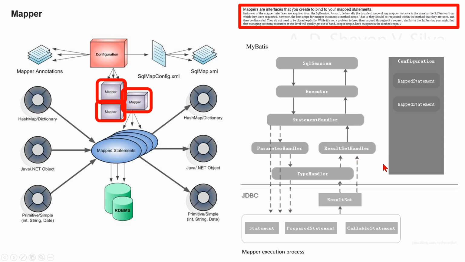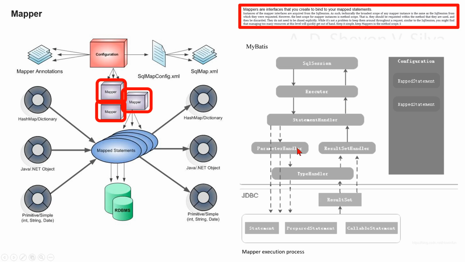We can use a diagram to describe the relationship between the core components. Here the SQL session, executor, statement handler, parameter handler, result set handler, type handler, and configuration are in the MyBatis section. Under JDBC, there are statement, prepared statement, and callable statement. The SQL session interacts with the executor, which interacts with the statement handler.